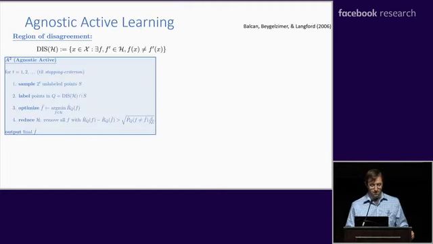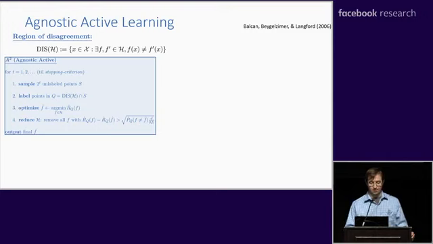Okay. So with all of that background, let's now dive into the general theory of disagreement-based active learning. First I'll rehash in formal notation what Rob already defined. The region of disagreement of a set of classifiers H is just the set of points such that there exist two classifiers in H that disagree on the label of that point.